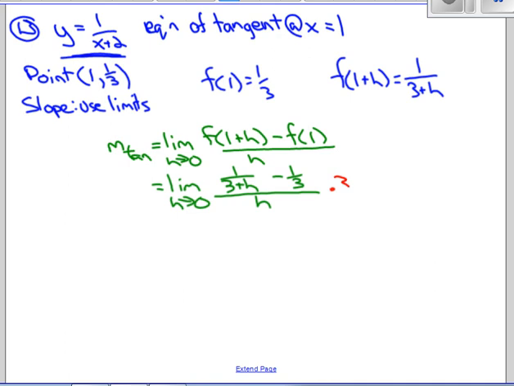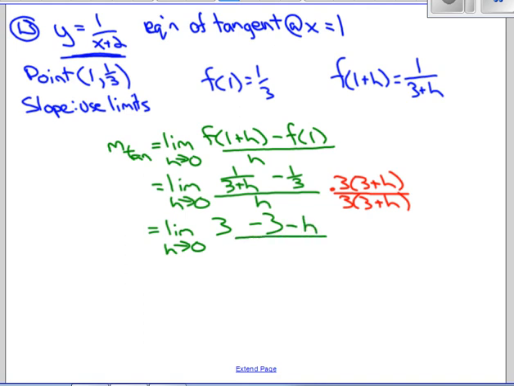Nested fractions. Same tricks come back again and again. So that'll be the limit as h goes to 0 of 3 minus 3 minus h all over h by 3 plus h. Sometimes people forget to do the bottom part, so be careful of that.